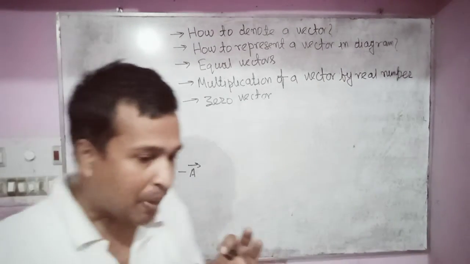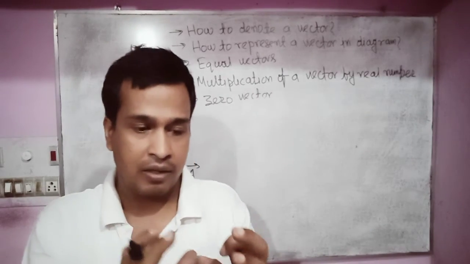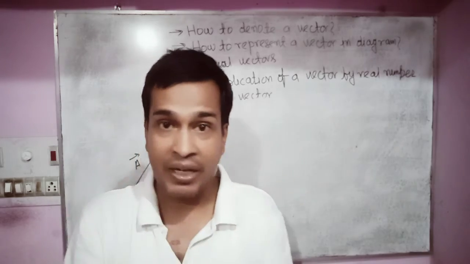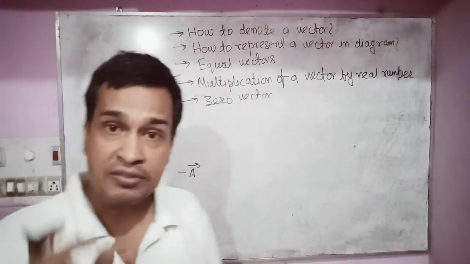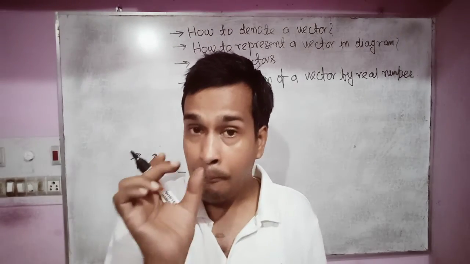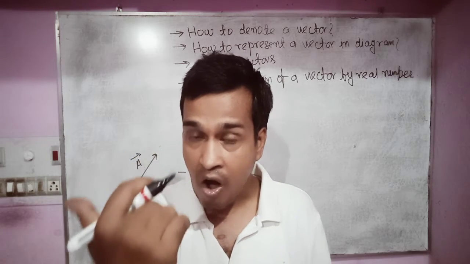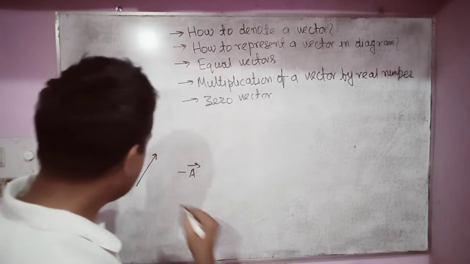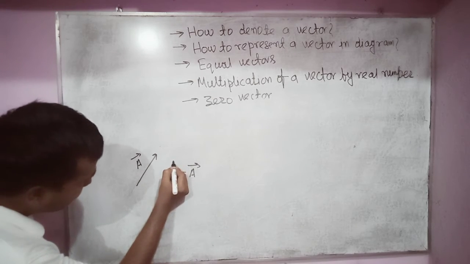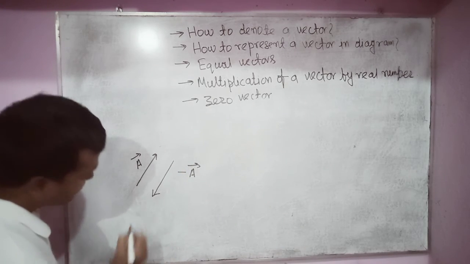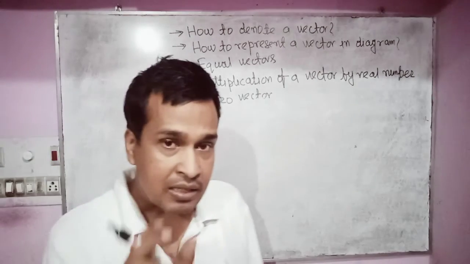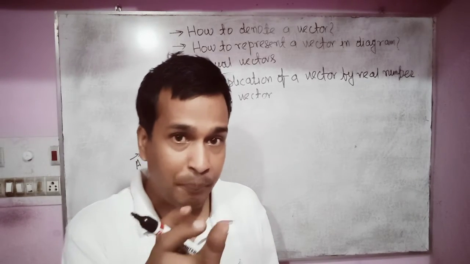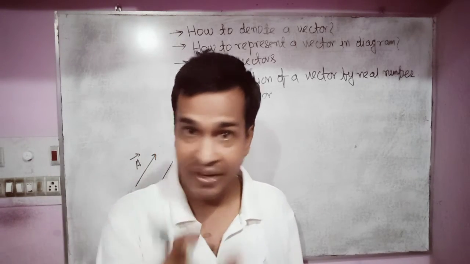See, if we multiply a vector by -1, then what does the minus sign do? The minus sign reverses the direction of a vector. It means if this is vector A, then this is vector -A. The minus sign just reverses, or makes opposite, the direction of a vector.